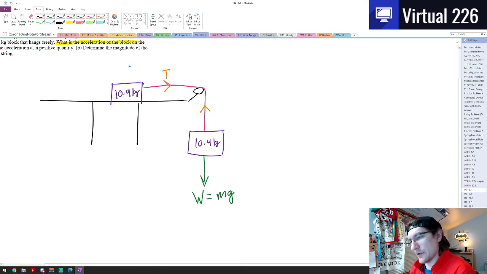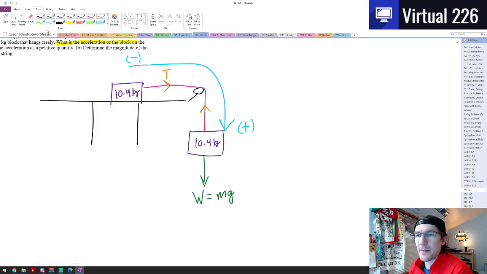Now, the block over here is sliding across, and then it's going down. So I like to think that the direction they're moving is the positive direction, and the opposite of that is negative. What that means is that up top on the table, the right is positive and the left is negative. For the vertical block, down is positive and up is negative. Okay? If you want to think about it like that.